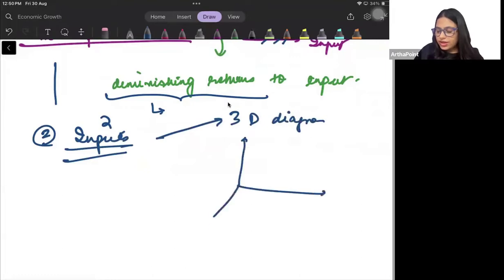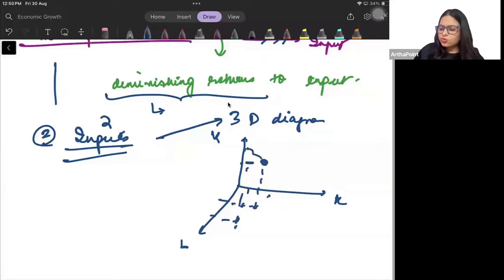So you take labor here, capital here, output here. For some value of labor and capital, you find the value of output; for another value of labor and capital, you find the value of output, and you try to plot the production function. Very complicated, because 3D diagrams are difficult to explain when it comes to economics.